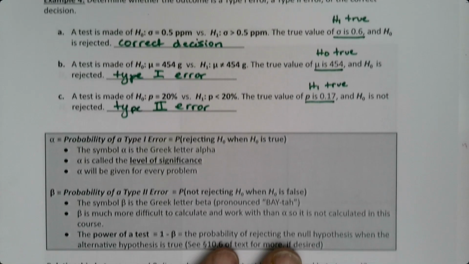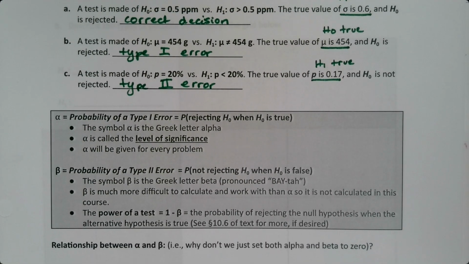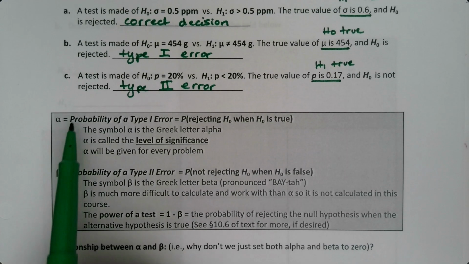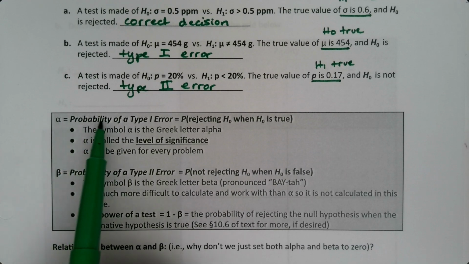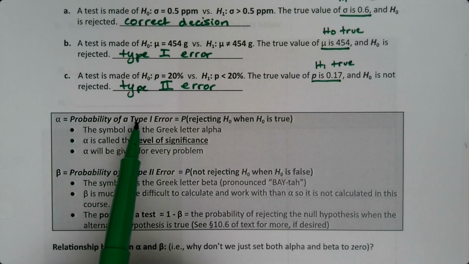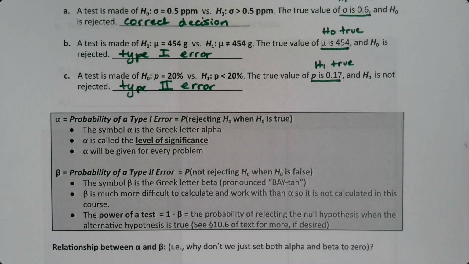All right, so now that brings us to this very important definitions box. Super important. We're going to use this a lot. Alpha, which is the alpha that we have known for a couple chapters now. We've seen this symbol. Alpha is the probability of making a type 1 error. It's the probability of rejecting the null hypothesis when it is true.